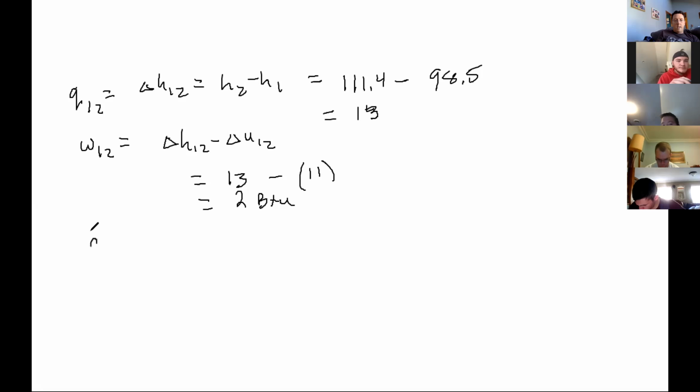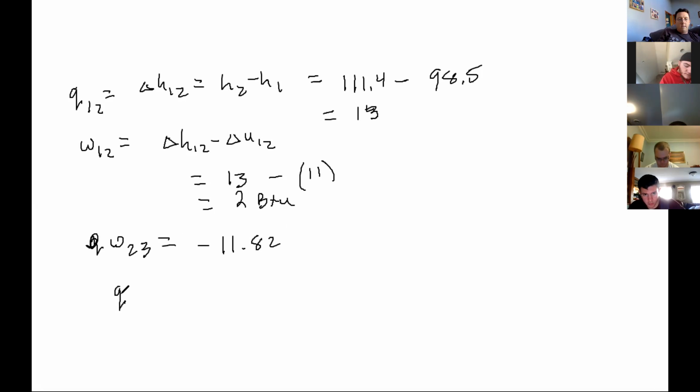All right, the work from 2 to 3 was negative 11 point, is that 5.2 or 8.2? I can't remember. I think it's 8.2. My notes are scribbled here. I can look up here. 8.2 is the number, BTUs.